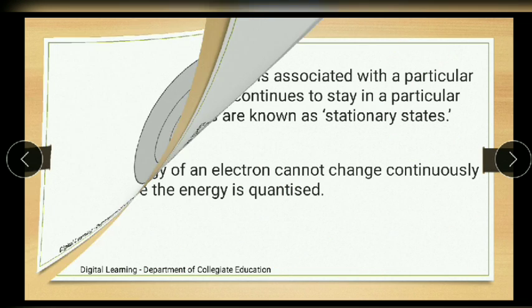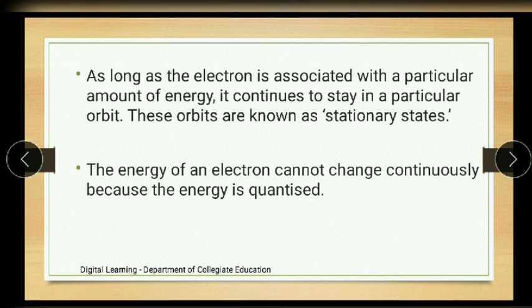The next one: as long as the electron is associated with a particular amount of energy, it continues to stay in the same orbit. That's why these orbits are also known as stationary states.